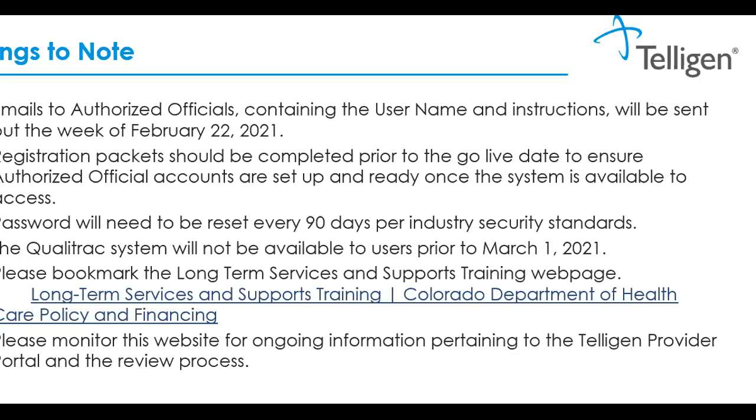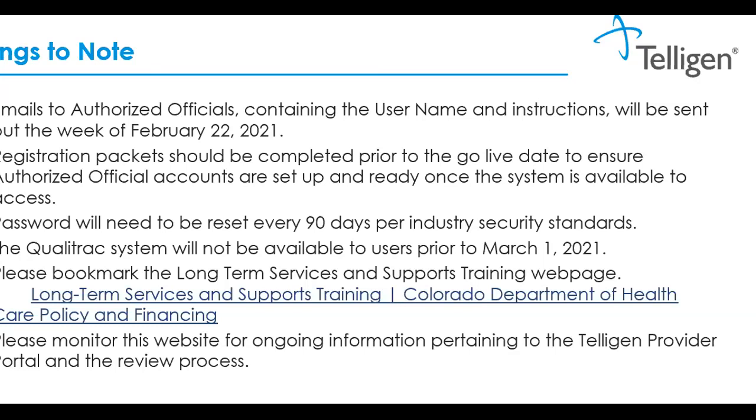Another thing to be aware of is that because of industry security standards, all users will be asked to change their password every 90 days in the system. So once you set up your account and you get logged in, then 90 days after that, the system will indicate to you that you need to change or get a new password. On the login screen, there's a reset password link. So all you have to do is click on that reset password link, enter your username in the box or the modal that pops up and click submit.